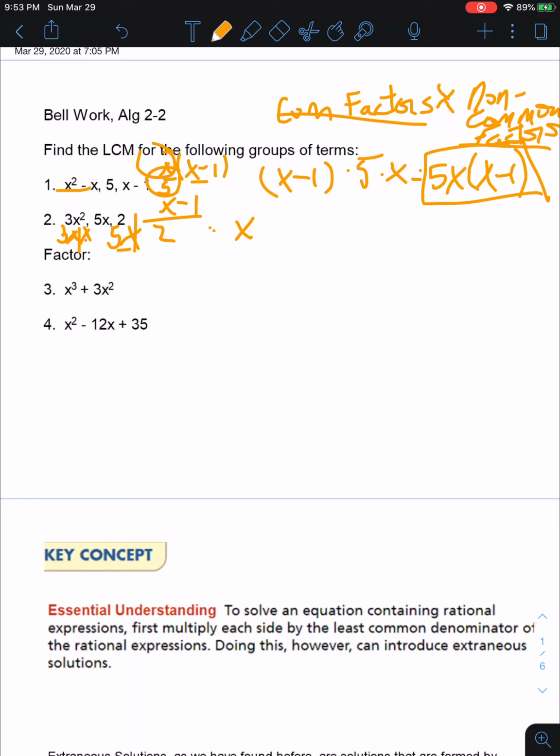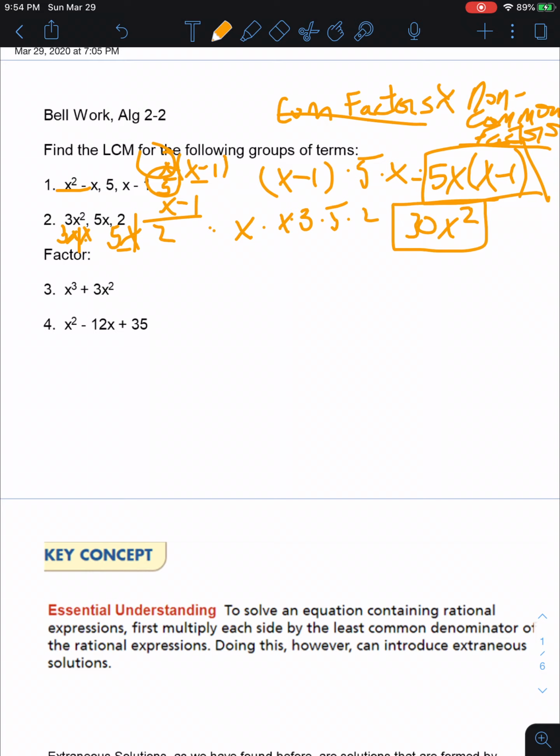And then I have an x that's not common, a 3, a 5, and a 2. So that would give me 10. 5 times 2 is 10, times 3 is 30, times x, or 30x squared. And that would be my least common multiple for those three terms.